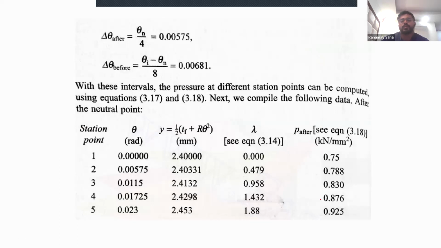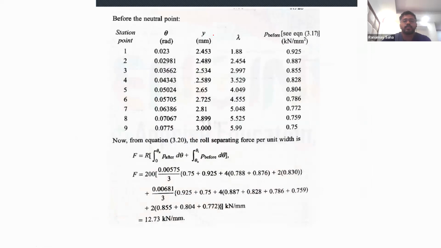You can see we have taken 5 data points as we have divided into 4 segments after the neutral point, and the same thing we do for the region before the neutral point. Then we integrate to find out the force as P into R d theta, your pressure into your area R d theta. You do that for after the neutral point using 0 to theta n.